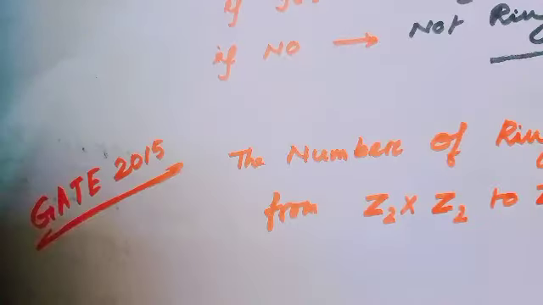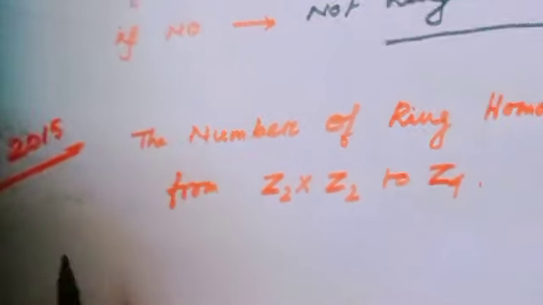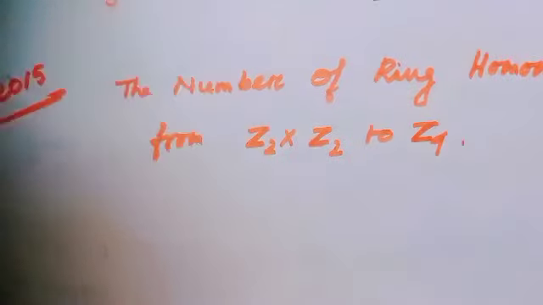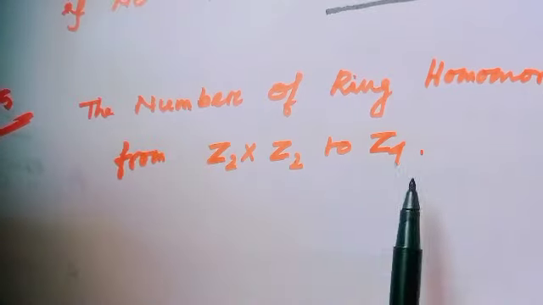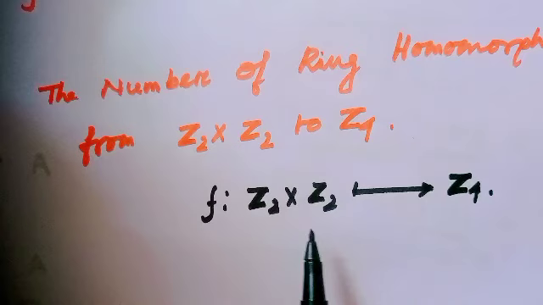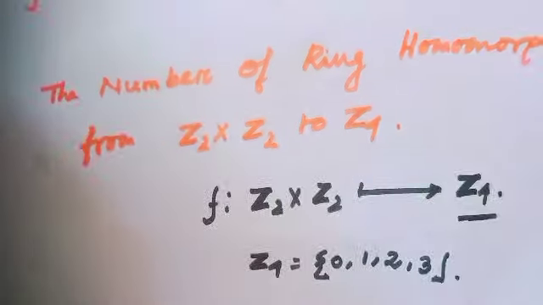Oh well. Now I will give one example which came in the GATE 2015 paper. The question is the number of ring homomorphisms from Z2 cross Z2 to Z4. Just think how we have to find ring homomorphisms in this mapping. At first we have to find the idempotent elements in Z4.